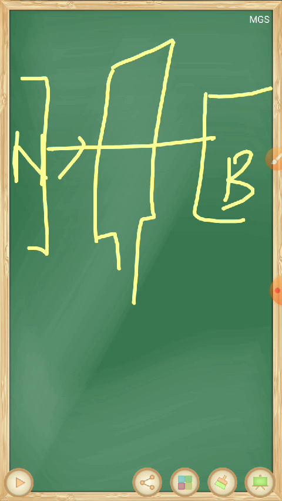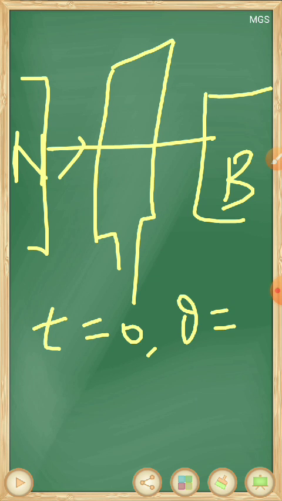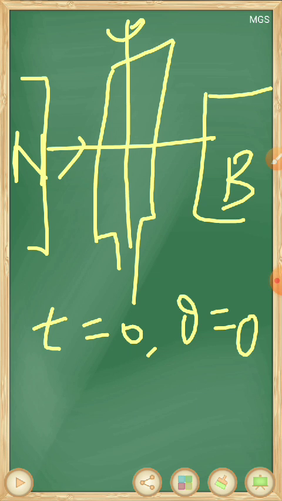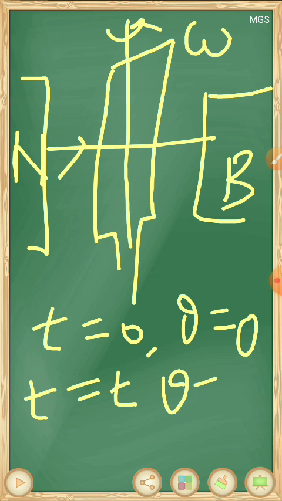So at t equal to 0, theta is equal to 0. Now let the coil be rotated with an angular velocity omega. So in time t, the coil gets rotated through an angle, say theta, then theta is equal to omega into t.